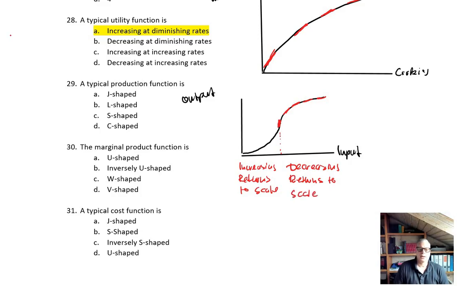Okay, so the marginal product function, we basically look at the slope. Initially slope is very flat, then the curve gets steeper and steeper, there's a maximum.